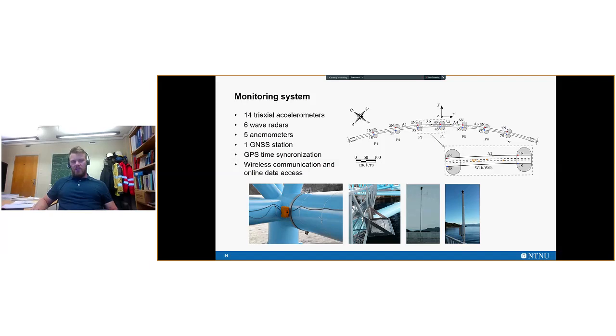All the sensors send data to a local logger box on each pontoon, which then wirelessly transfers the data to a main logger box, which uploads the data to the internet, and we can access the data from our offices directly.